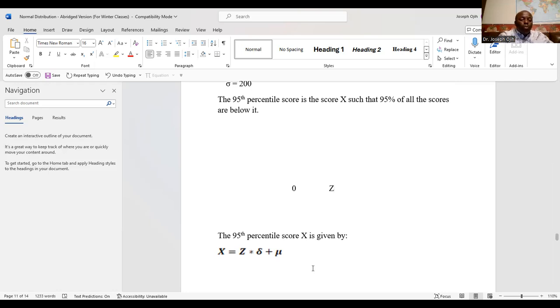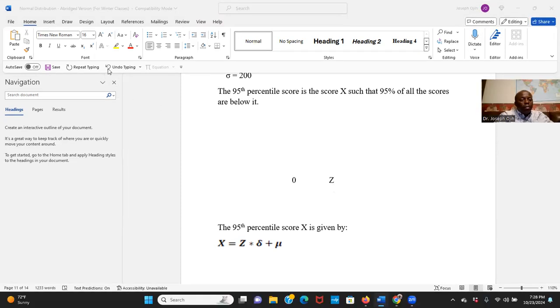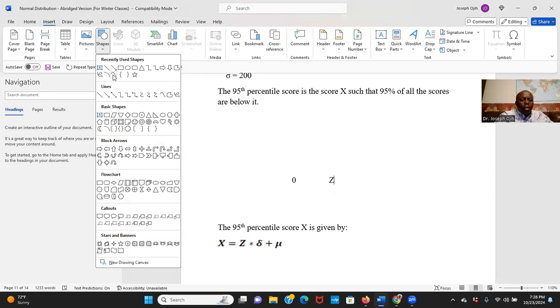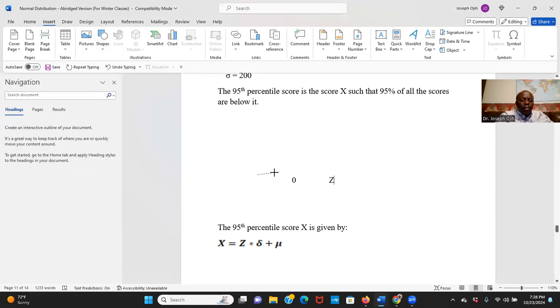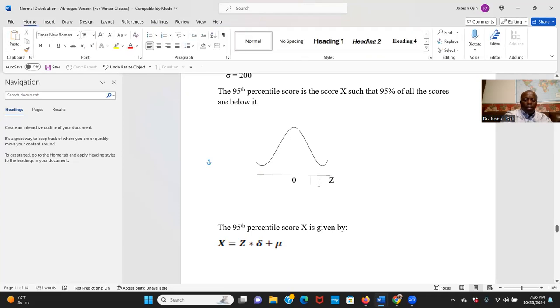We can make our chart by putting the x-axis, and we have the bell curve.